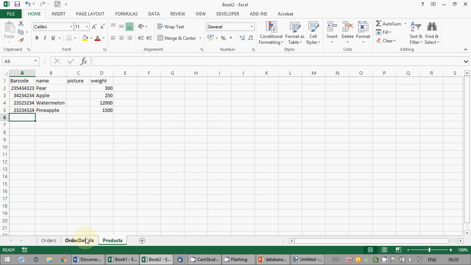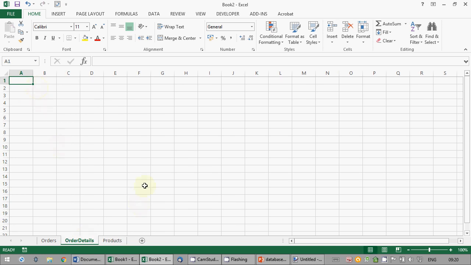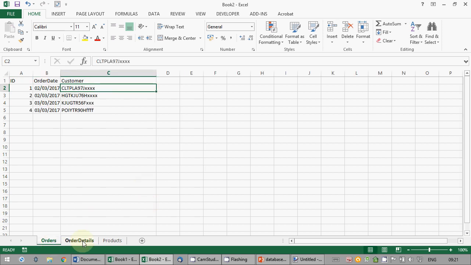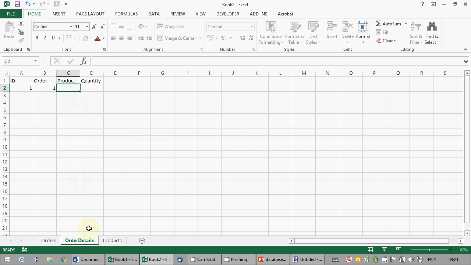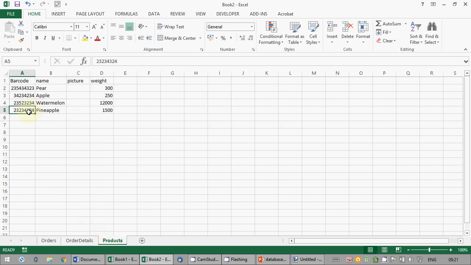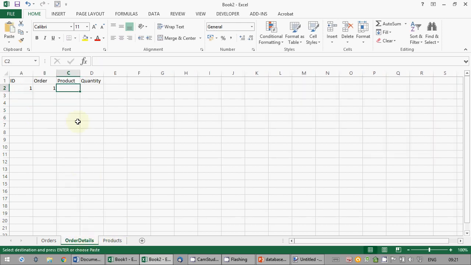So what do I put here? We have here ID, we have here order, we have here product and quantity. So ID 1, my order is order number 1. The product is, I want to buy 2 pineapples, so 2 pineapples.